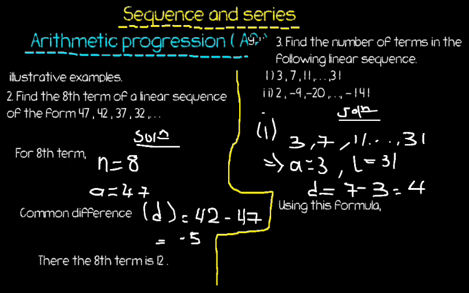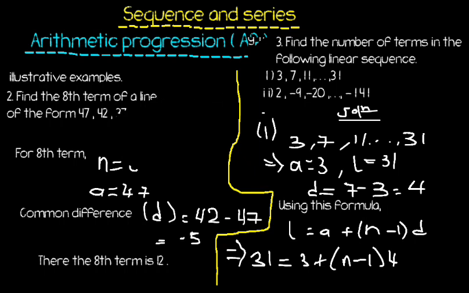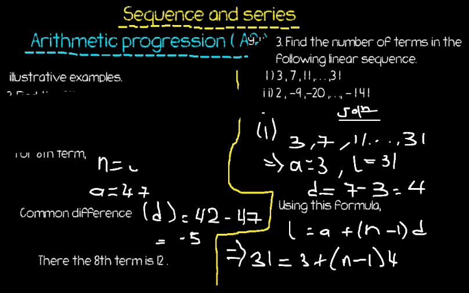So using this formula, L is equal to a plus n minus 1 d, and I've already told you that Un can be the same as L, the last term. You can say that the last term, which is 31, is equal to 3 plus n minus 1 times 4. So our aim is to find n, which will give you the number of terms of this sequence.